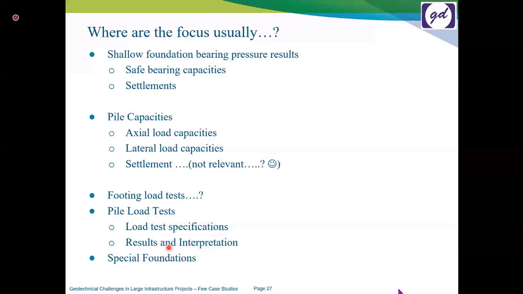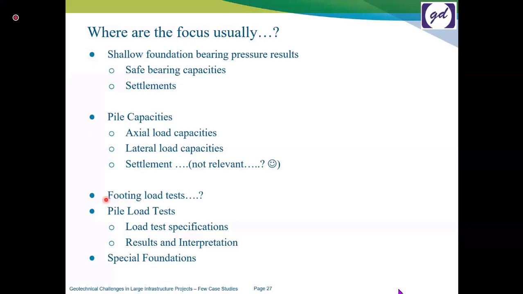If piles are implemented in the project, the axial capacities, then the lateral load capacities, and the settlements are needed, but probably nobody actually calculates the settlements of pile foundations. However, for international projects, the settlement estimation of piles and pile groups is mandatory, whereas in India, probably nobody bothers to go for any of these calculations.